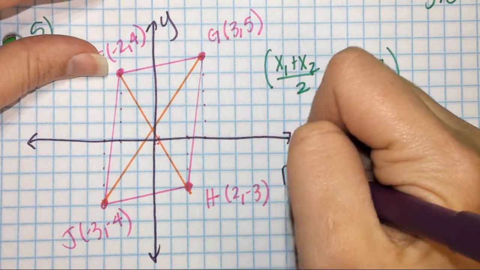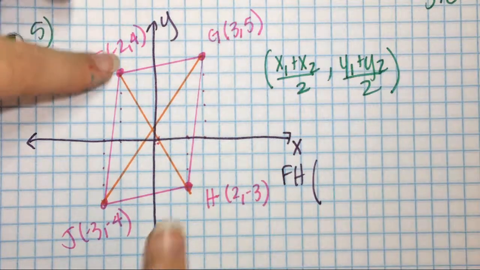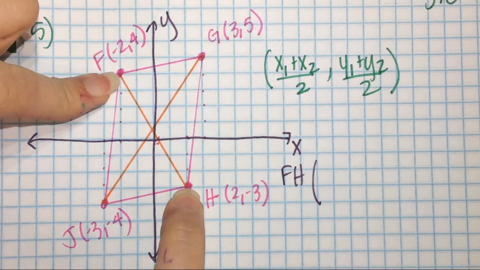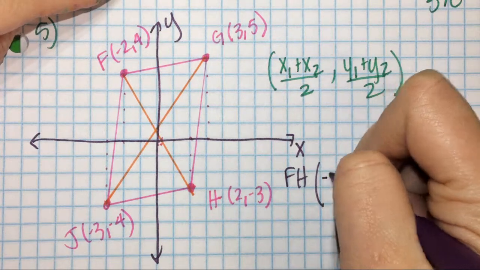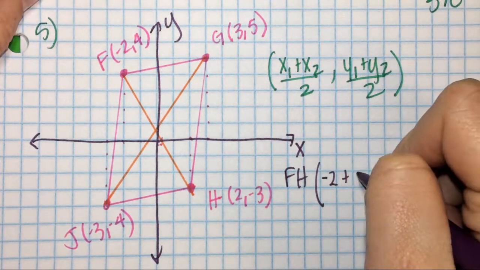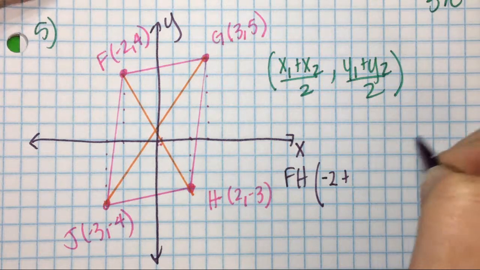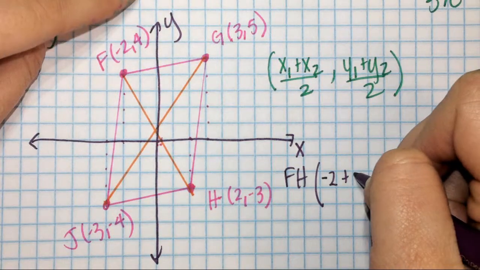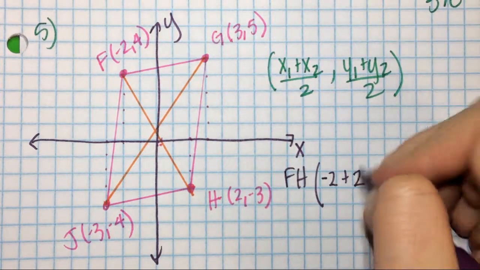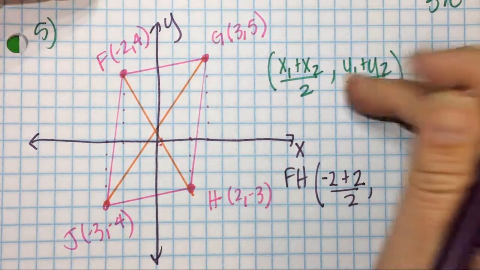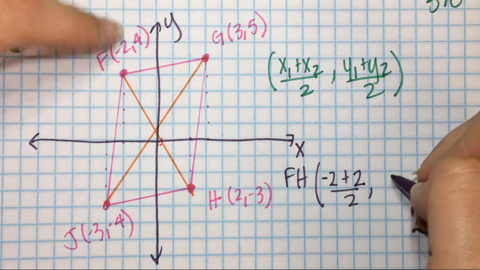Alright, so we're going to start by finding the midpoint of FH. So it's these two coordinates right here, this diagonal. What's my x1 of FH? Negative 2 plus what? What's my x2? Plus 2, from your other point down here. Divided by 2. Alright, and then what's my y1? 4.